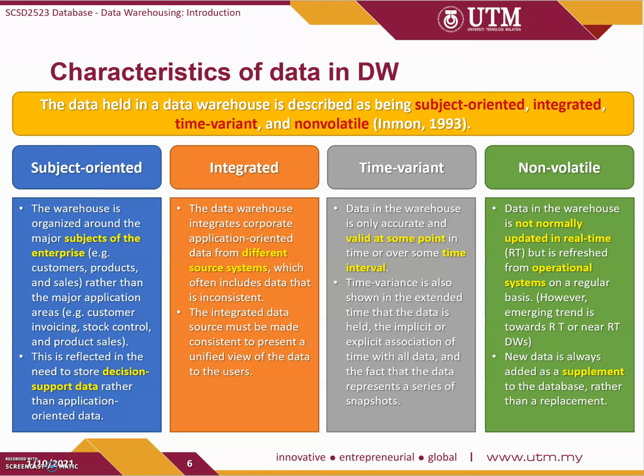Thirdly, the data must be time variant, which means it is only accurate and valid at some point in time or over some time interval. The time variance is also shown in the extended time that data is held, and the fact that the data represents a series of snapshots.